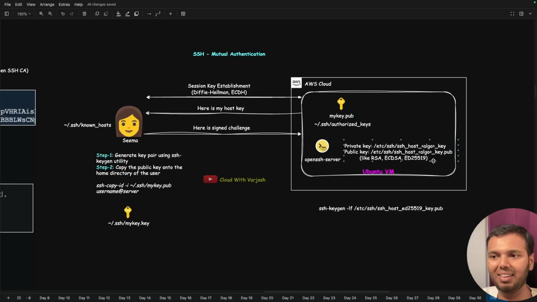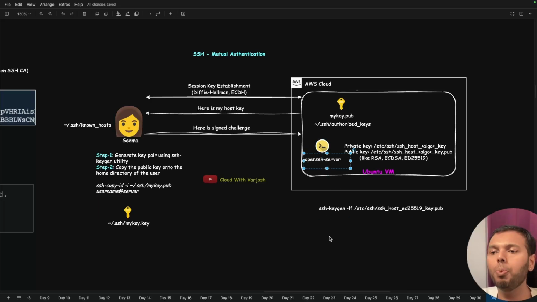Let's first understand this diagram. You have the AWS cloud here. I have an Ubuntu VM here. Whenever I install any Unix-based VM, by default, SSH is installed onto that VM. Similarly, in the Ubuntu VM, we have OpenSSH server installed.